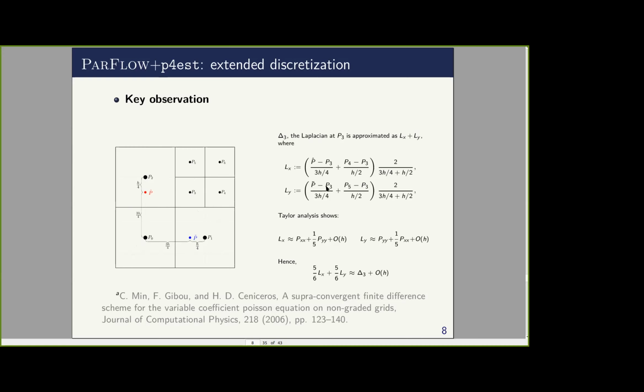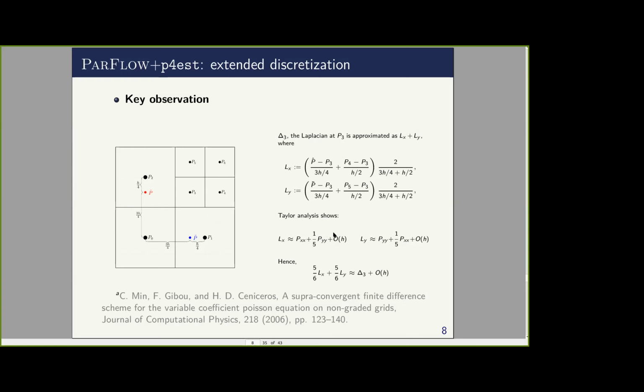If you follow this approach and then do a standard Taylor analysis, you discover that these two terms approximate the following operators. One approximates something that looks like the second derivative of P in X, with some noise, and the same applies for the other term.